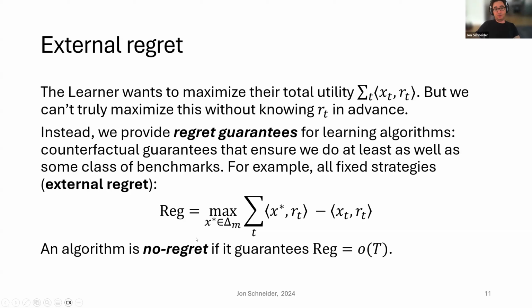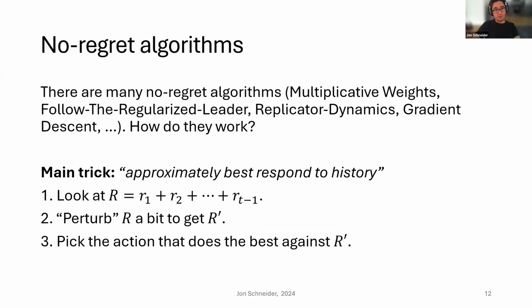External regret's just equal to the gap between your reward, which is the sum of these x_t inner product r_t's, and the reward of the best fixed action in hindsight. So this maxes over all possible mixed actions. And actually, you could restrict it to pure actions and it'd be fine. And we say that an algorithm is no regret if it guarantees that this external regret quantity scales sublinearly in the time horizon T.